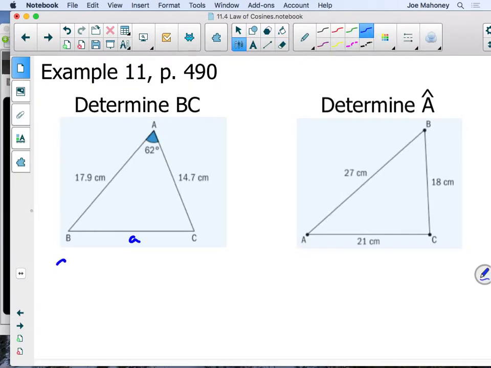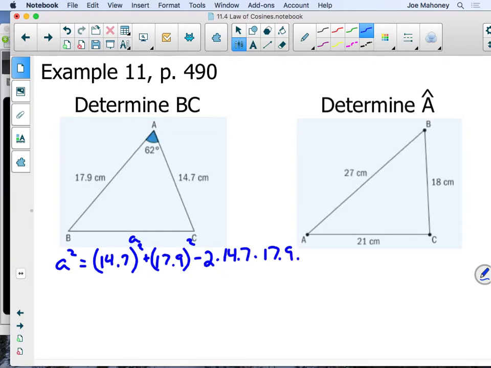So the equation that we're going to use is that a squared equals b squared, which is the square of 14.7, plus c squared, which is the square of 17.9, minus 2 times 14.7 times 17.9 times the cosine of 62.